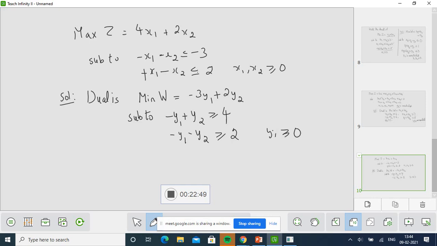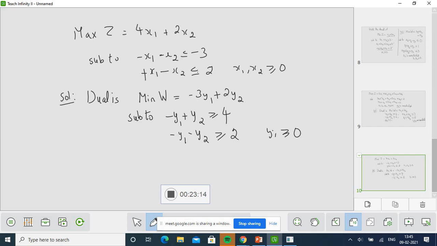Now I need to solve this. I am going to use the simplex method. My question is minimize w. Since I have greater than or equal to, what should I add, slack or surplus?